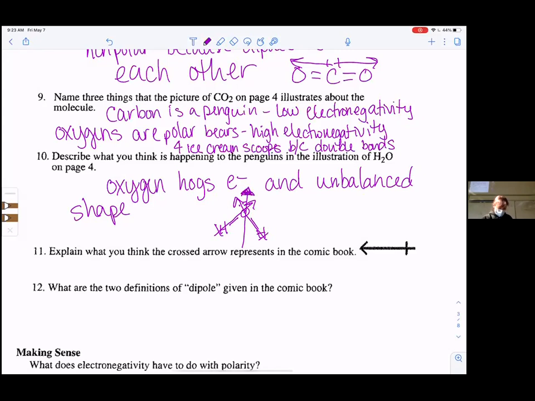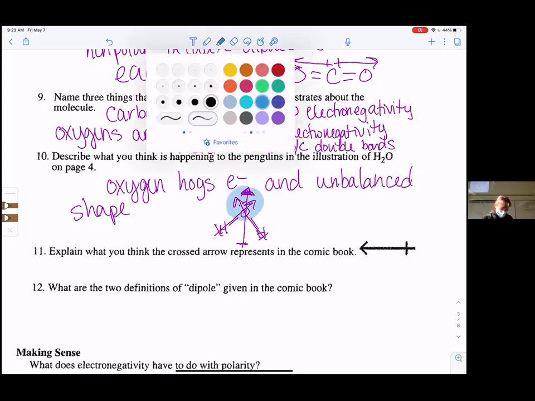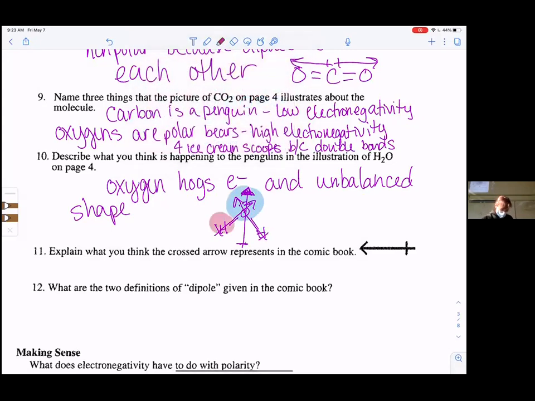So this ends up being a polar molecule where you've got the negative up here by the oxygen and then the positive out here with the hydrogens. The crossed arrow, we talked about this, it's a positive charge because the electrons are over here. So it shows you the direction that the electrons are going in the bond, where they're being more attracted.